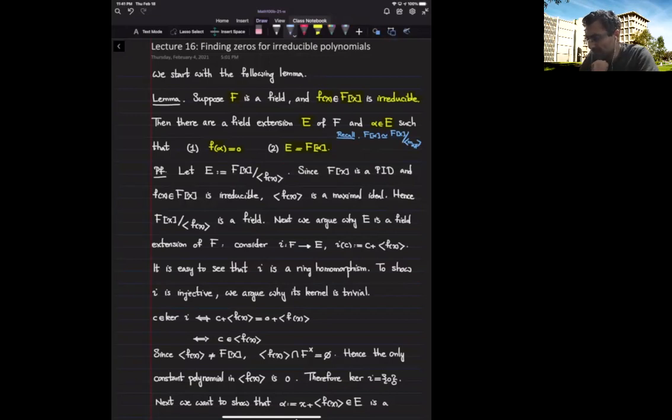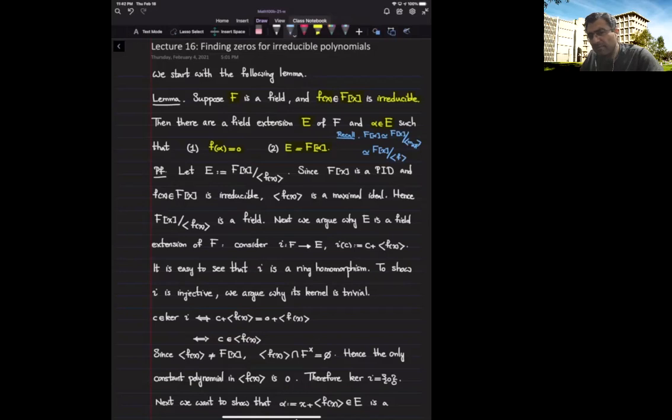So what I'm saying is that this F[alpha] should be isomorphic to F[x] modulo the ideal generated by f. And remember, this isomorphism comes from the isomorphism theorem and the evaluation map. Essentially, I'm picking a coset representative and evaluating it at alpha, and I get my value in F[alpha].